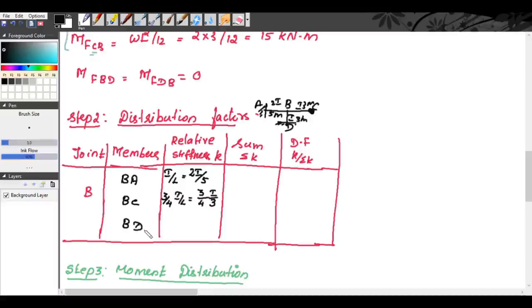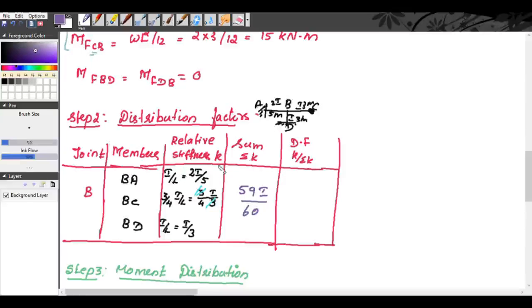For BD, the far end, that is D, is fixed, so the relative stiffness is I by L, I by 3. You can cancel 3 and 3. Now what we get is the sum: you add 2I by 5 plus I by 4 plus I by 3, and we get 59I by 60.